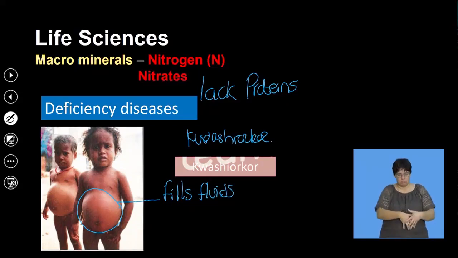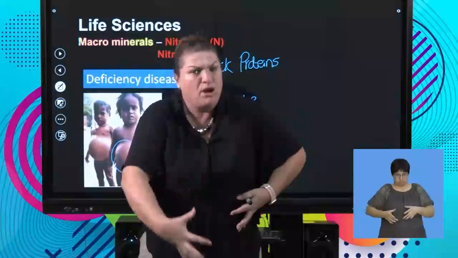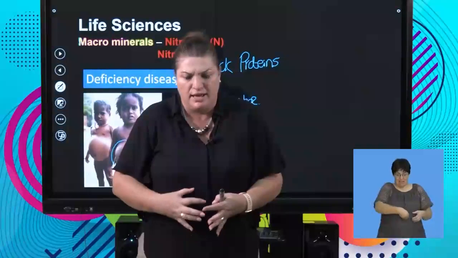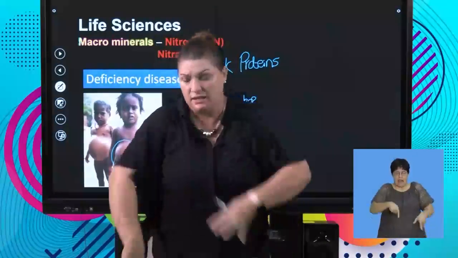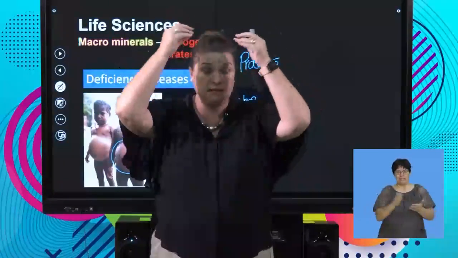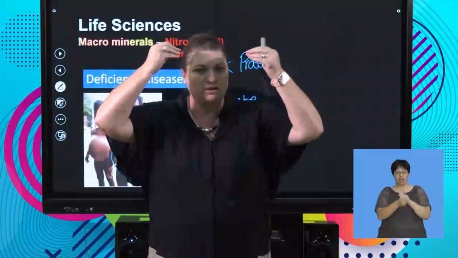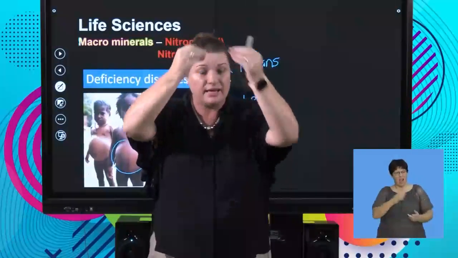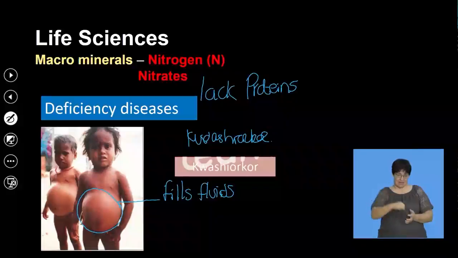The liver enlarges and the tummy bloats out and fills with fluid. And you'll see they've got very skinny arms and very skinny legs. Proteins build muscle. Also, sometimes you'll see people who have dark color hair, black hair, and it changes to an orange. Why? What gives the hair the color? A protein called keratin.